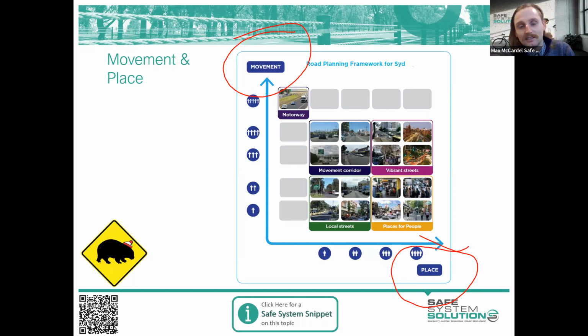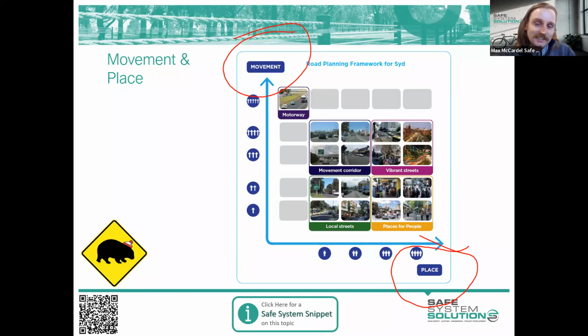Take as an example, a high place value would be a main street, which has lots of shopping or eating districts, or could be by a beachside along the esplanade or things like that. So although there is a road network there, there's lots of people that actually want to congregate there. They want to spend time there. They want to meet their friends there, etc.